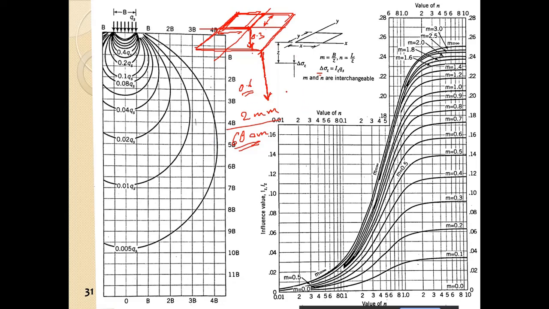So for various loading conditions, I am just repeating this. Here M is B by Z, so Z is 0.3 we have defined, B is also 0.3. Similarly N is also 0.3 and Z is also 0.3. So ultimately M is equal to 1 and N is equal to 1. For that we have to obtain IZ.